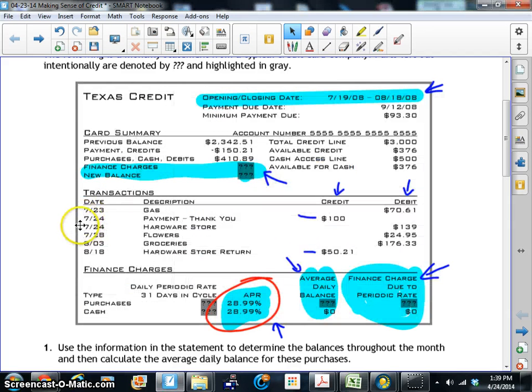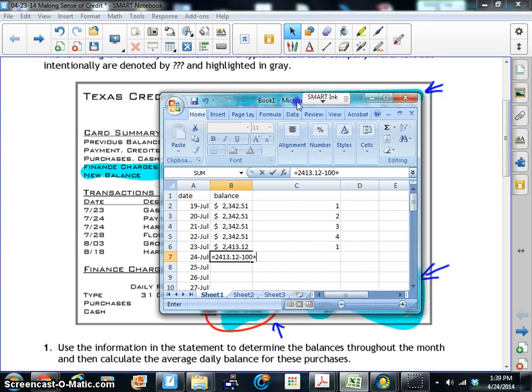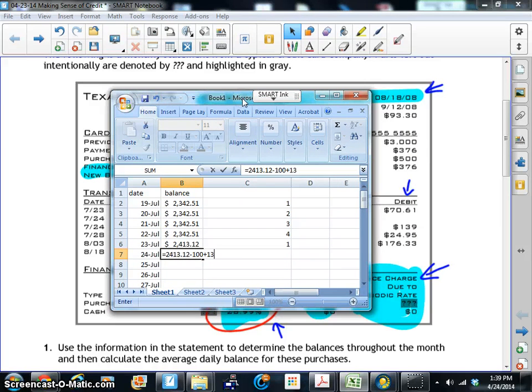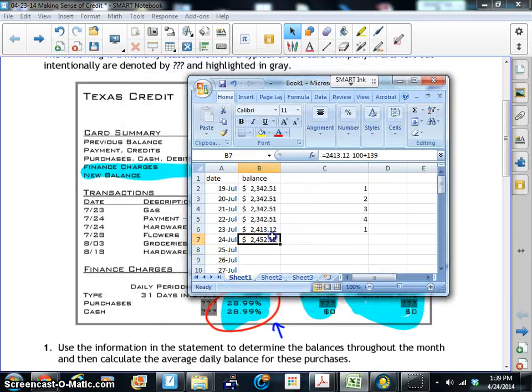We have here on the 24th, two transactions. So we have to add that transaction also. So we also add plus, and if I look over here, $139. Okay, and there we go. So it just changes slightly, but enough for us to put that into our daily balances.